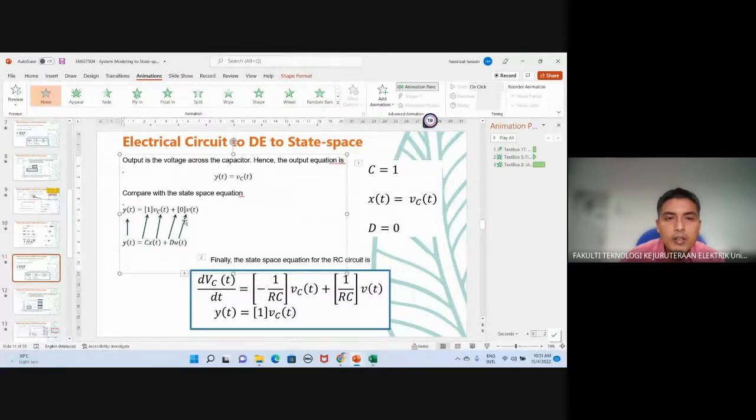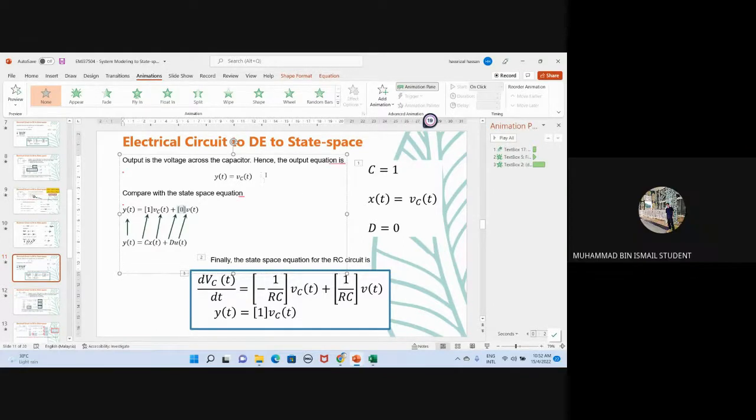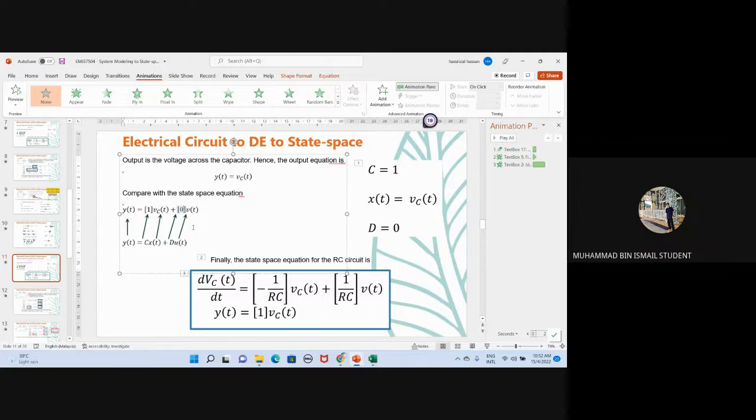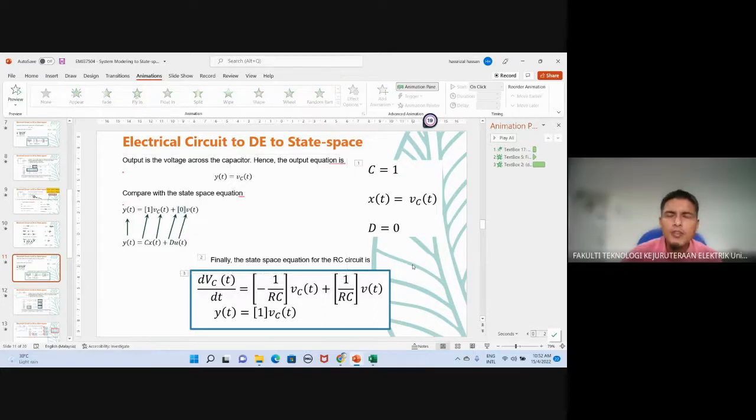In order to get y(t) equal to Vct, we must put D equal to 0, because 0 multiplied with the Vt will equal 0. So there is nothing other than y(t) equal to Vct. Is it clear why D equals 0 in this case? Yes, Doctor. All right, thank you for the question.